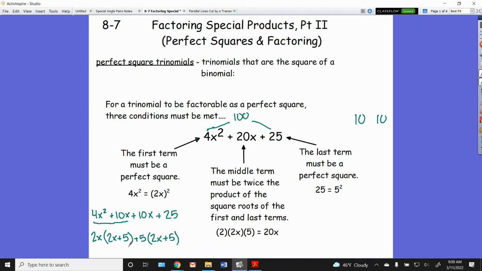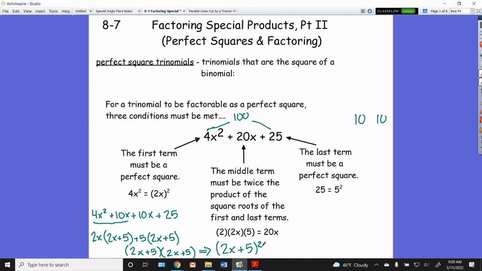And then once again, my answer would be 2x plus 5 times 2x plus 5. And I just have to be smart enough to know that if I don't see this answer on multiple choice, it very well may be written like that. Does everybody see that?